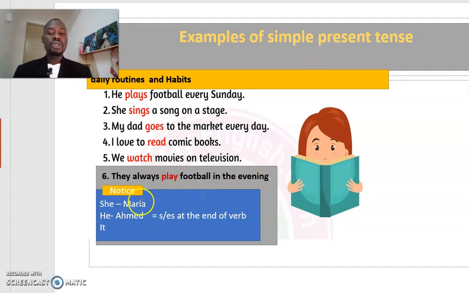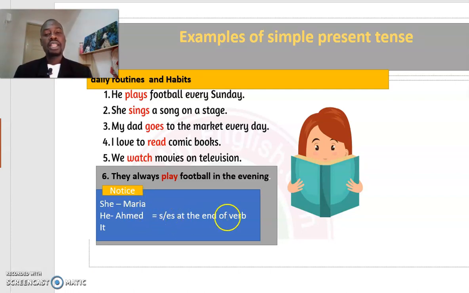So here is the note. Instead of "she," we can use female names, for example Maria. Instead of the subject "he," we can use, for example, Ahmed. And also we can use "it," right? It is another subject. We use "it" with non-living things, or with animals.